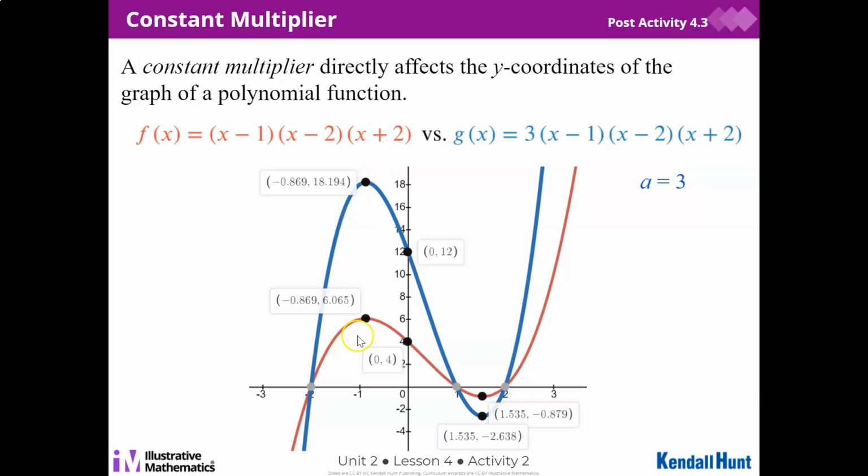In other words, if f has a relative maximum at about 6, then g is going to have a relative maximum at about 18. 18 is 3 times 6. If f, in red, has a relative minimum at negative 0.879, g is going to have a relative minimum at 3 times negative 0.879, which is about negative 2.6.